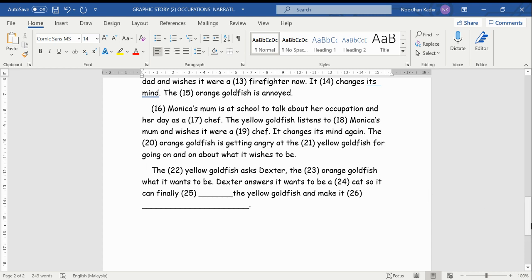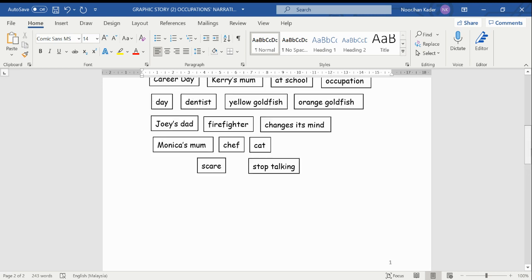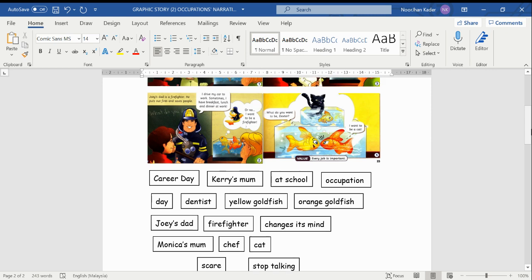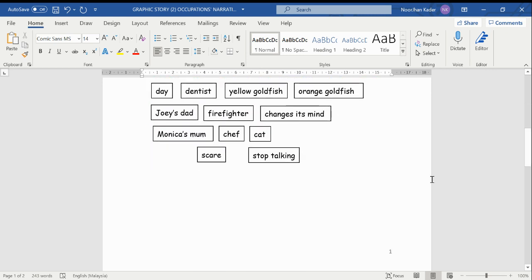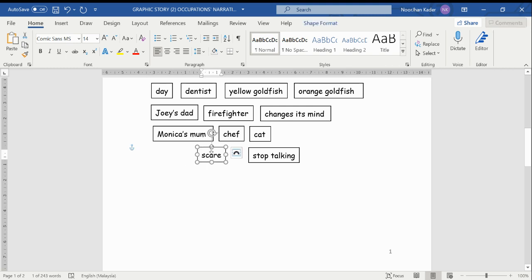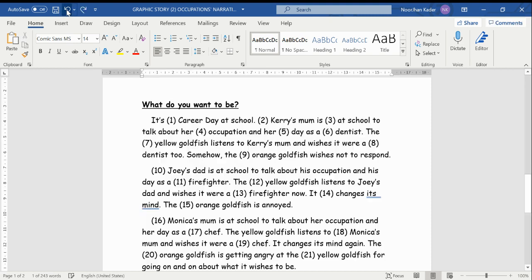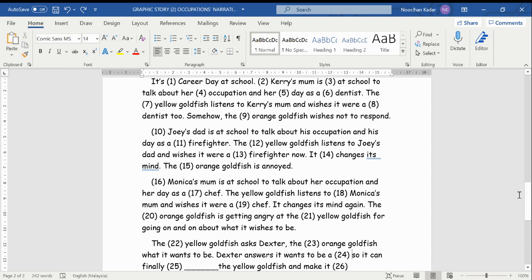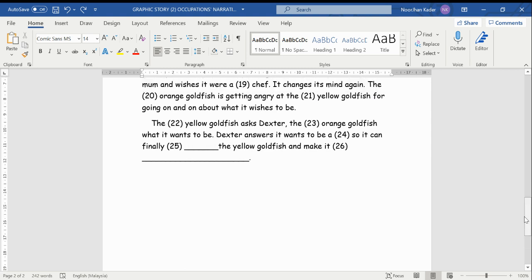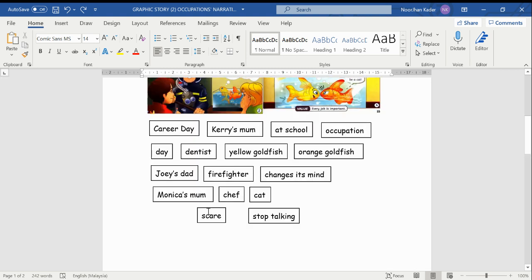So it can finally, so Dexter can finally what? Scare. What's the meaning of scare? Scare means to make the other person scared, afraid. So the answer will be scared.